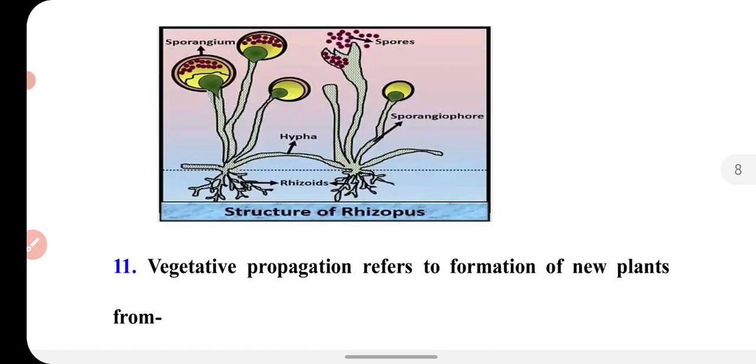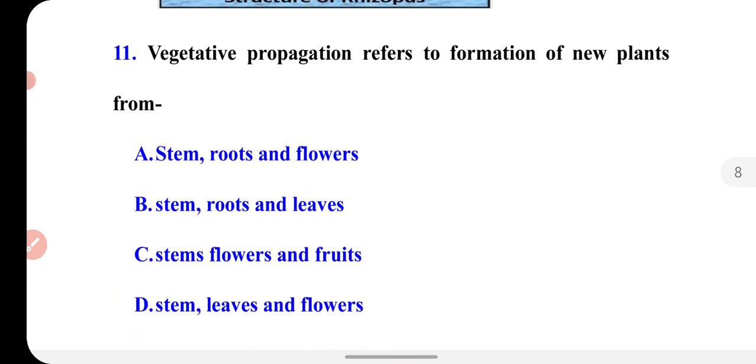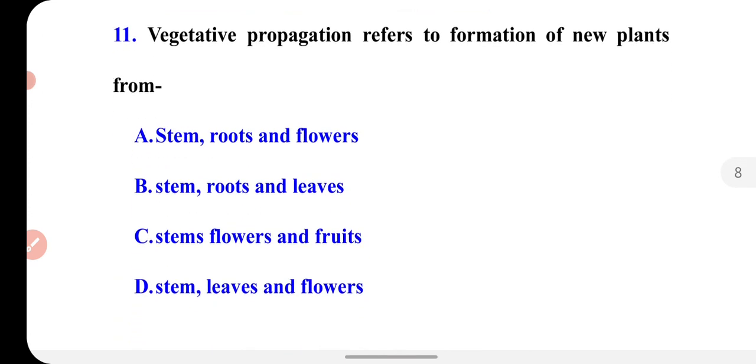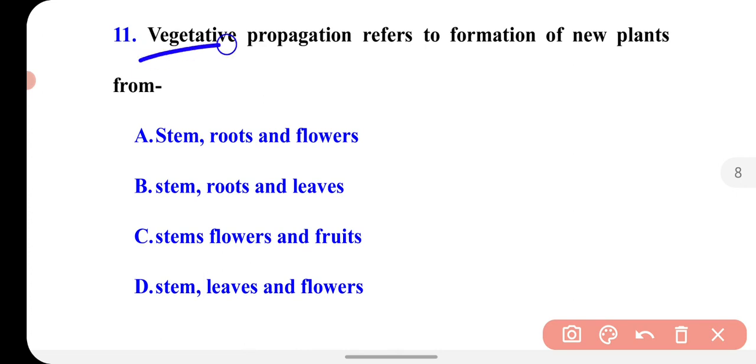Now the next question is, vegetative propagation refers to the formation of new plants from... In plants, vegetative propagation is the method by which new individuals are formed asexually. What parts of the plants take part in vegetative propagation? Stem, roots and flowers; stem, roots and leaves; stems, flowers and fruit; stem, leaves and flower.